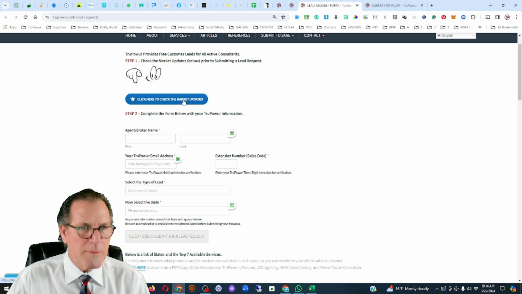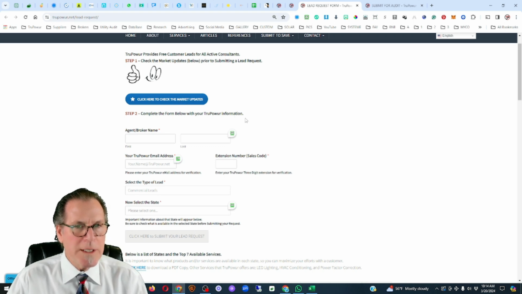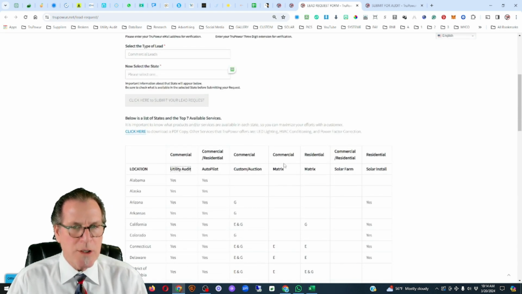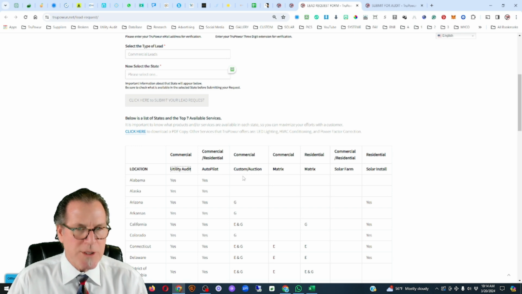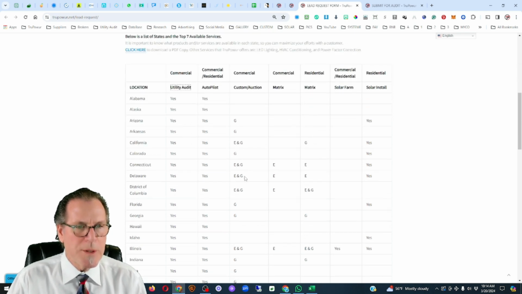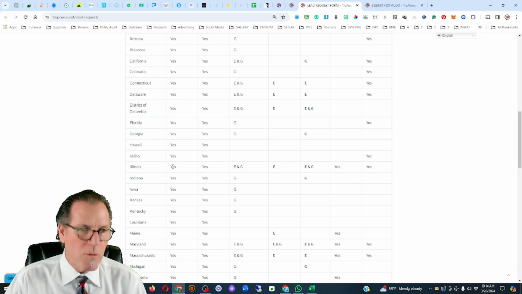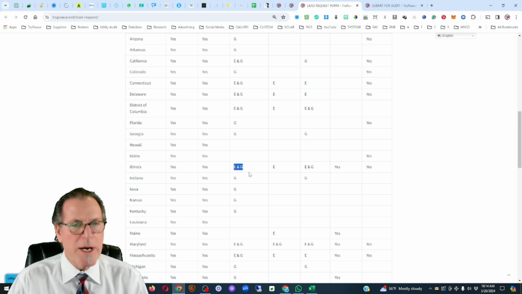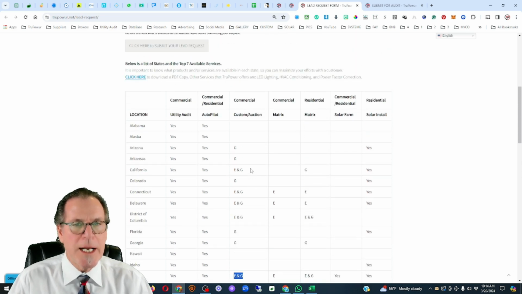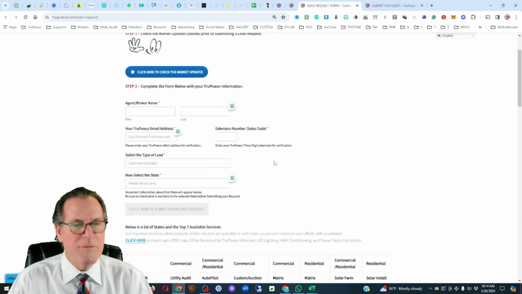When you're looking at the market updates, what that really is looking at is the commercial and residential side of the business to be able to see where you should be putting your focus. So if it says that you should be talking to customers in Illinois, then obviously we open with the utility audit, but then we're going to progress to the electric and natural gas side of the business.